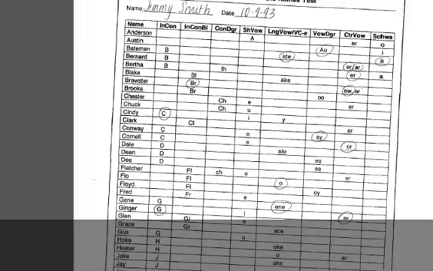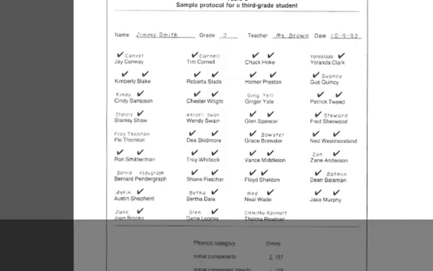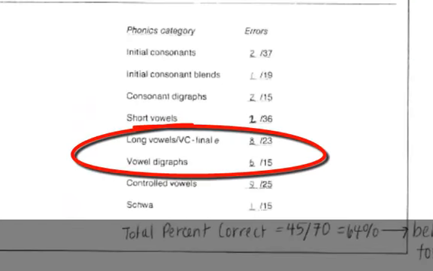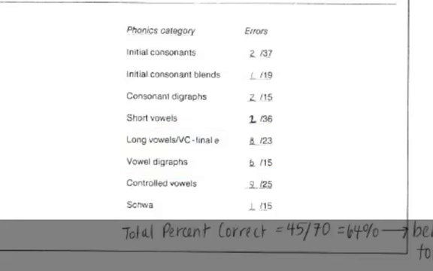So I think to myself, well, where has he had more difficulty and more errors? I see that down here when I look at the long vowels, he's had much more difficulty with the long vowels, specifically with regard to the VCE final E pattern. So that tells me that's probably an area in which he needs more explicit instruction. And I see that there are more areas here where he has difficulty with vowels. So clearly vowels would be an area of instruction.